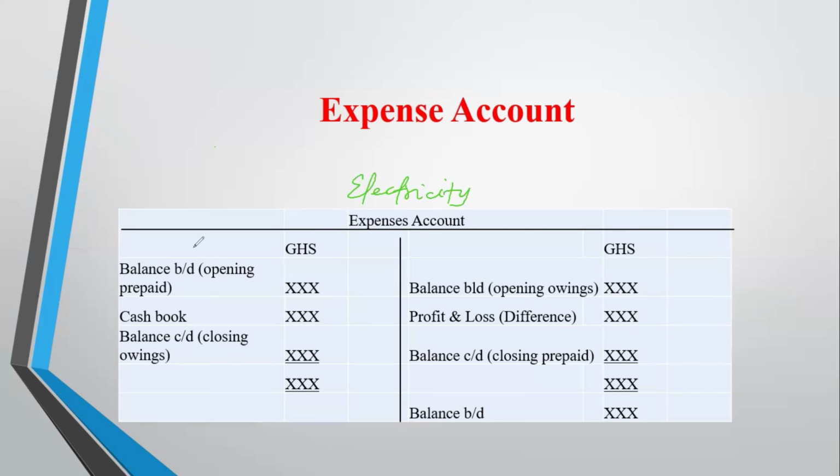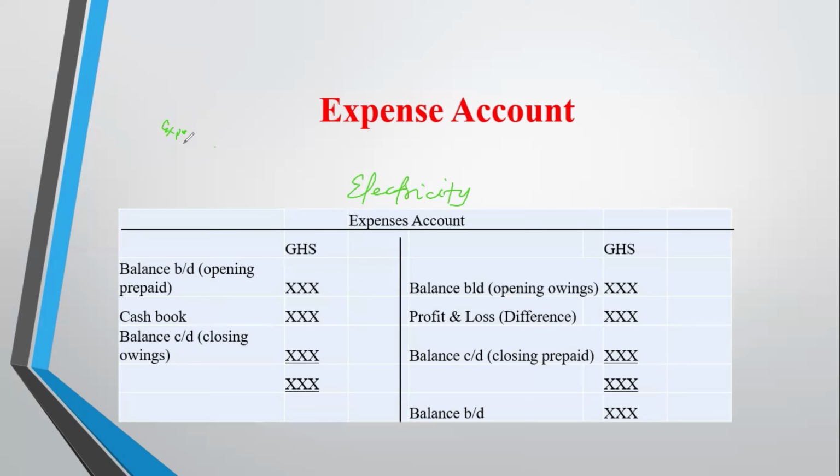I'm repeating it again. Expenses opening prepaid should come to the debit side of the expenses account. Someone will ask why. Because as I was saying, expenses prepaid, we've made payments in advance, so it is a current asset to us, and all current assets have a debit balance.